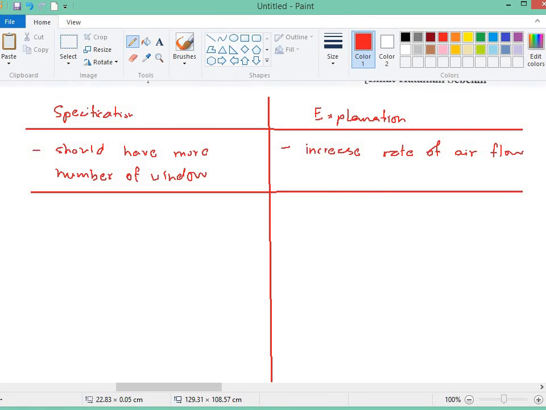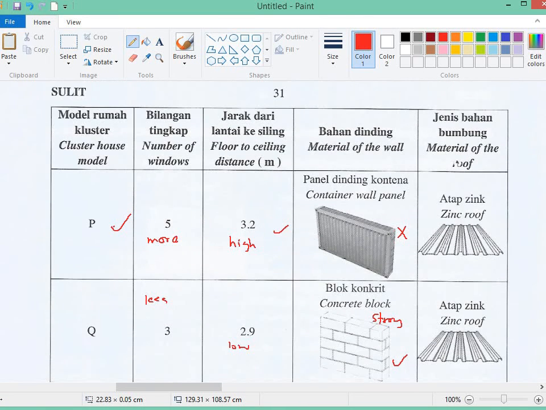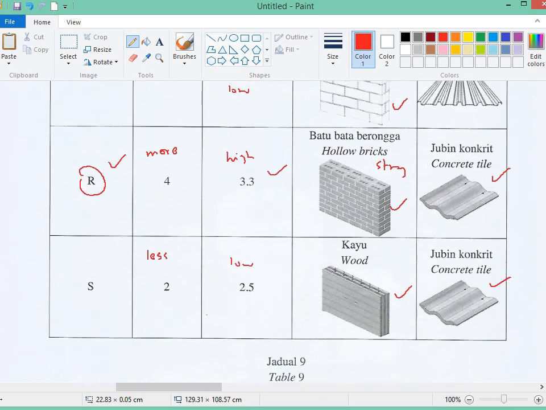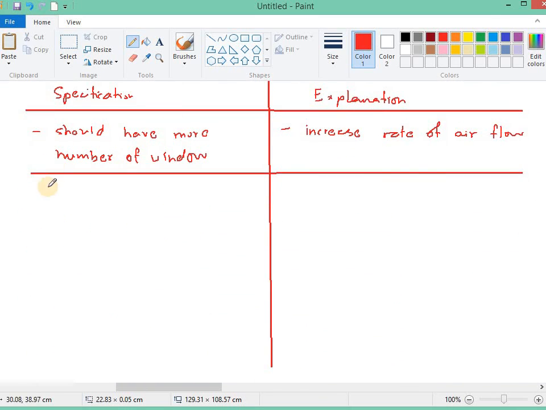After that is floor to ceiling distance. Floor to ceiling distance should be higher.